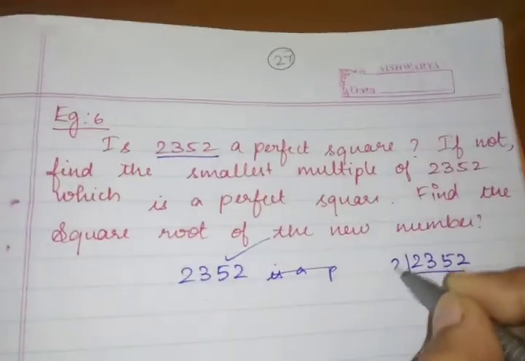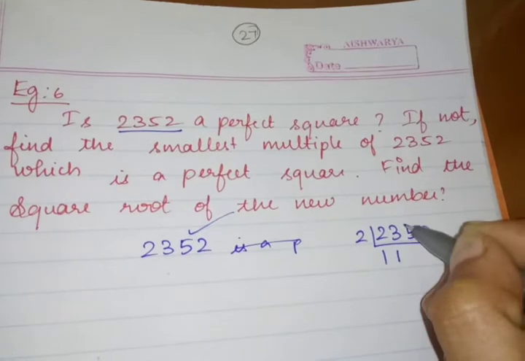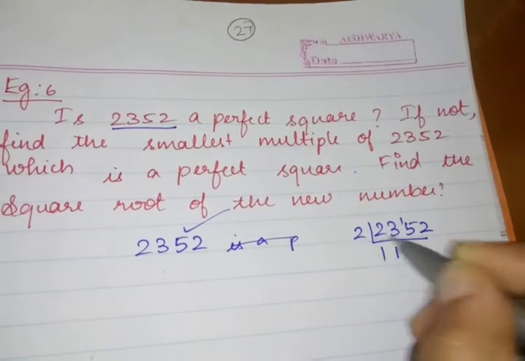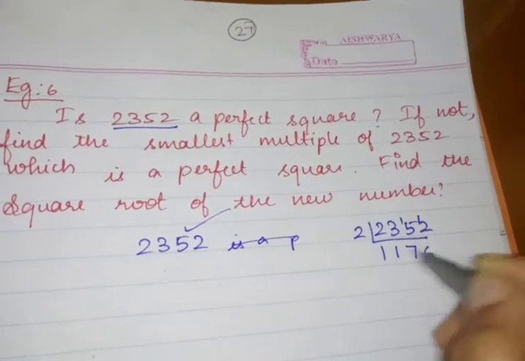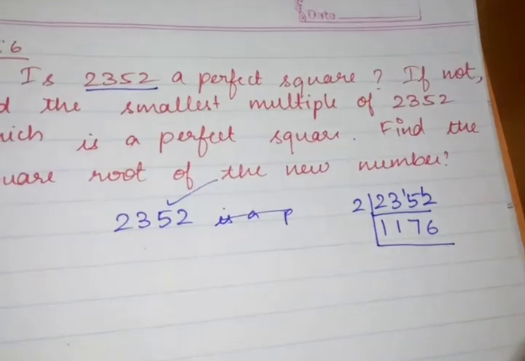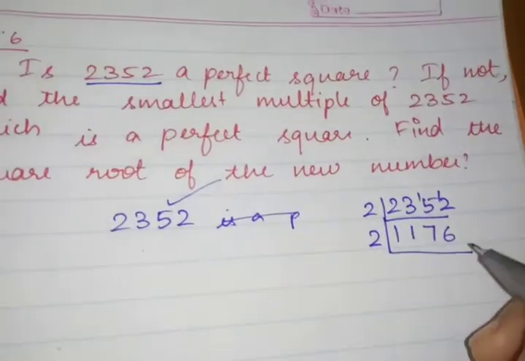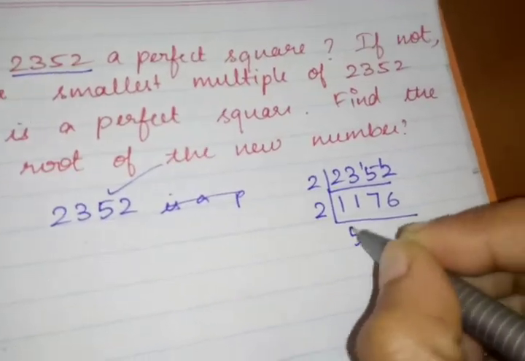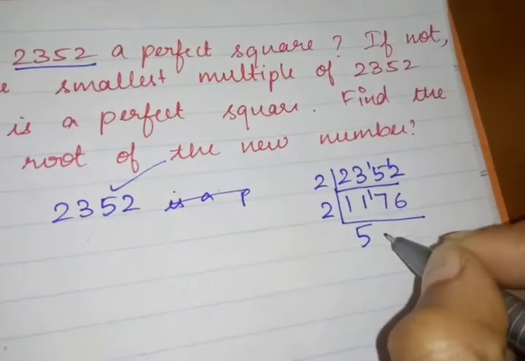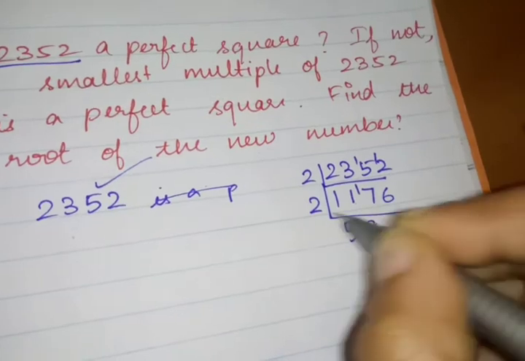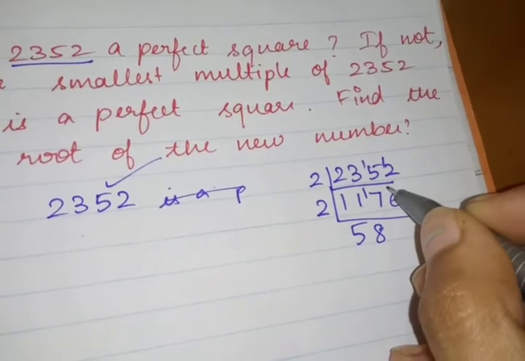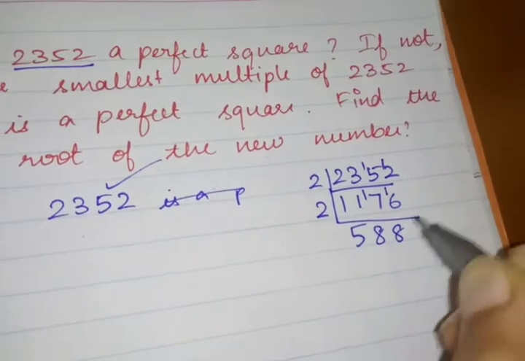So in the 2 table, 2 1s are 2, 2 1s are 2, remainder 1, 7 2s are 14, remainder 1, 6 2s are 12. Then in the 2 table, since we have an even number, I am using the 2 table, children. 5 2s are 10, remainder 1, 8 2s are 16, 17 minus 16, remainder 1, 8 2s are 16.